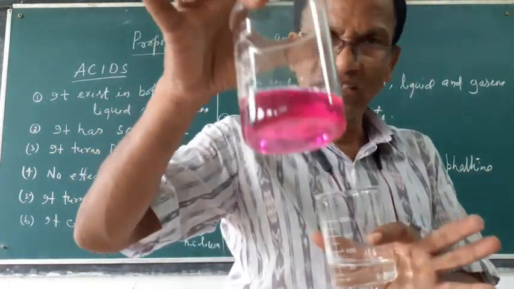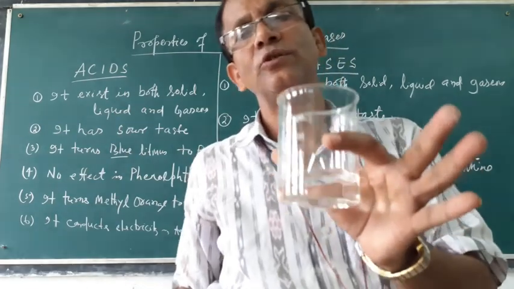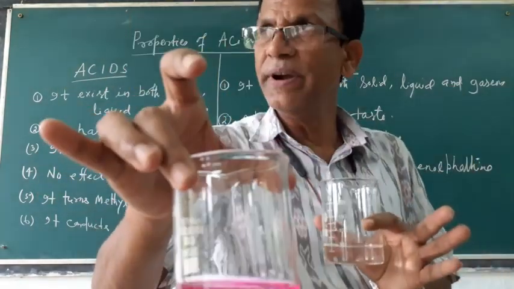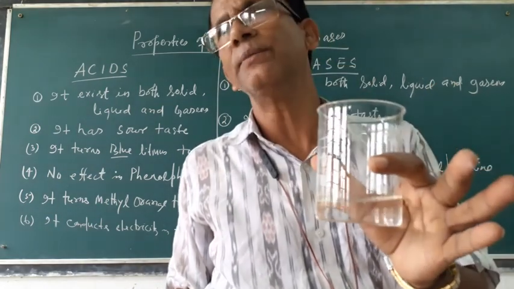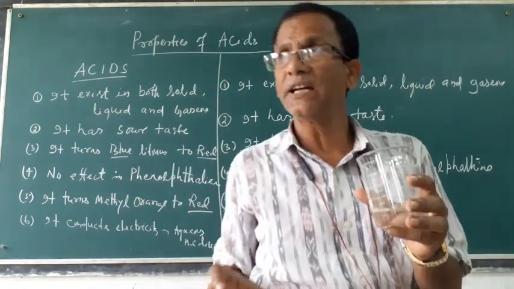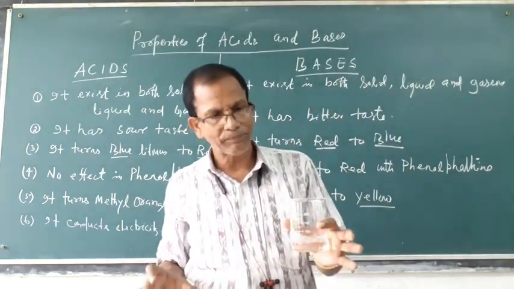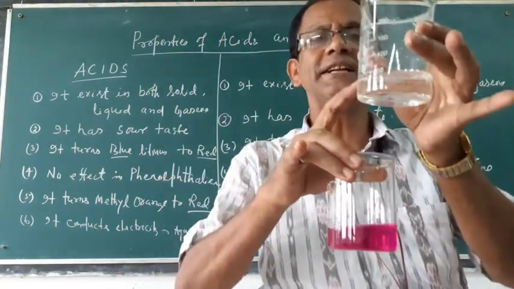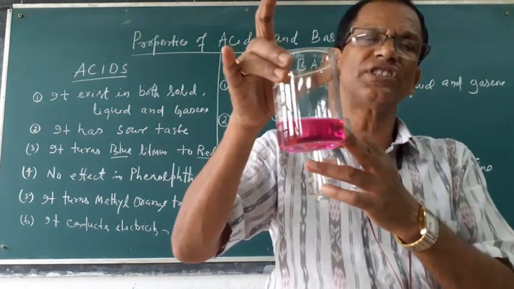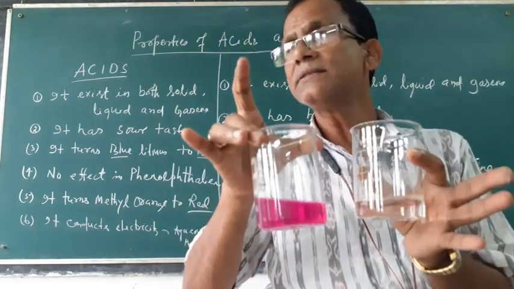So this solution is basic medium, and this is acidic medium, because there is no change of phenolphthalein color. When the phenolphthalein color is not changed, that means acidic. If the solution color changes to pink, that is base.